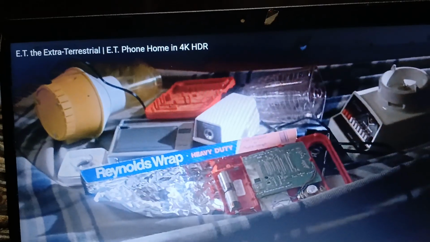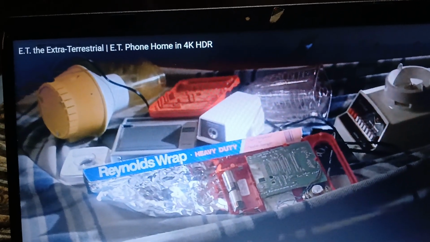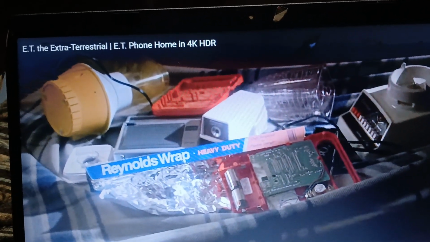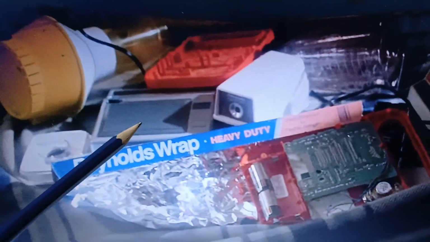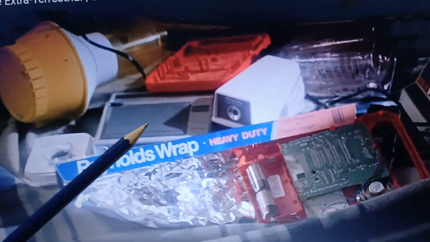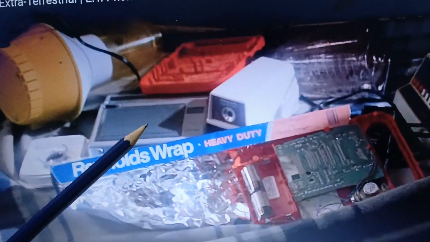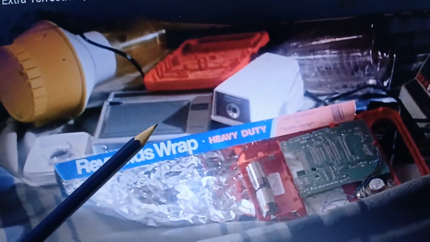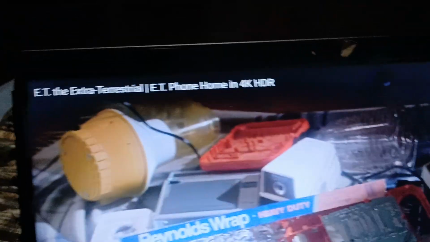What else we got here? Now that there. This is a representation of a radio wave, okay? But if you look over here, you see 1, 2, 3.